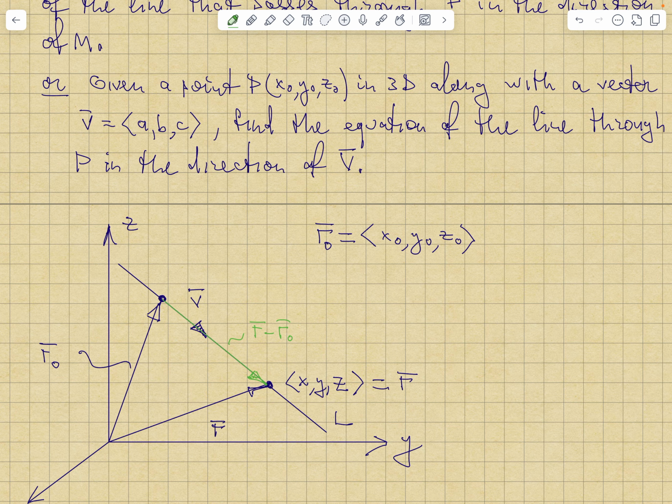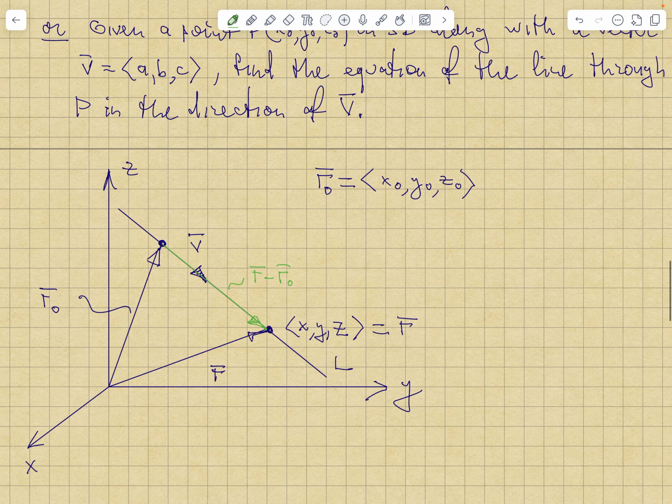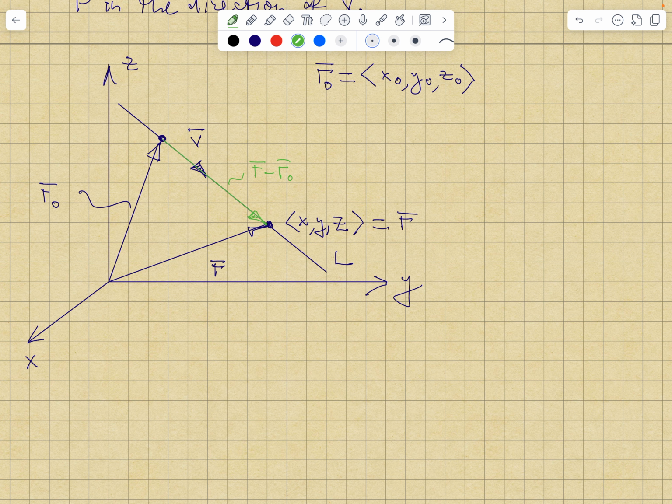Okay, and if the two vectors are parallel, then they must be scalar multiples of each other. So the conclusion that we draw from this observation is that r minus r0 is parallel to v, and this is the same thing as saying r minus r0 is equal to t v, where t is an arbitrary real number.